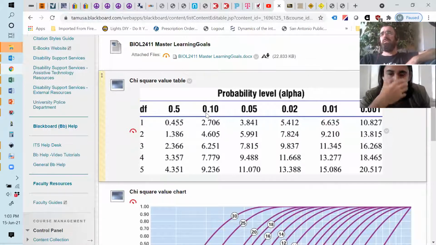You don't actually care whether it's lower than 0.1 because it's still not significant. All you care about is whether the chi-squared value for that degree of freedom is higher or lower than the number for a p-value of 0.05.